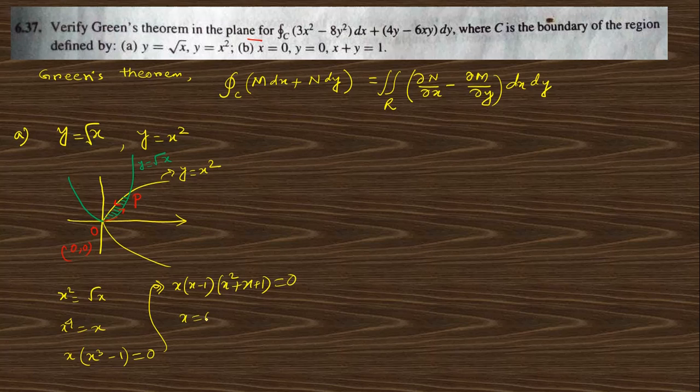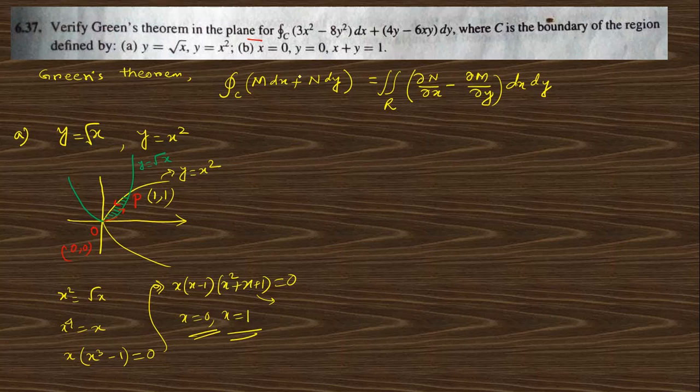So you get x equals 0, x equals 1 as the real solutions, and here we will get two complex solutions. So the real solutions are x equals 0 and x equals 1. x equals 0 is here, so here x will be 1. If you put x equals 1 in either one, you will get y equals 1. So the coordinate of P is 1, 1, right?